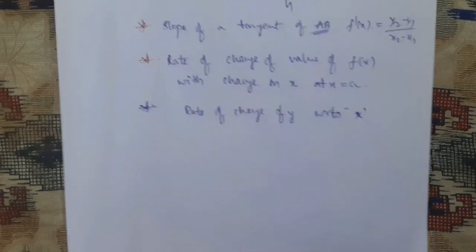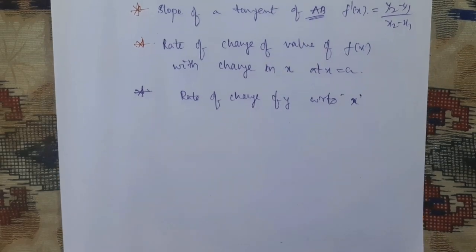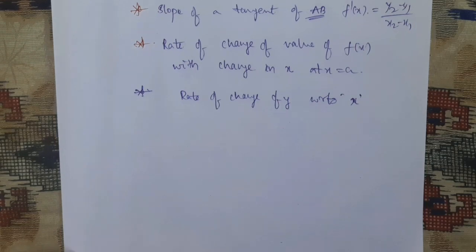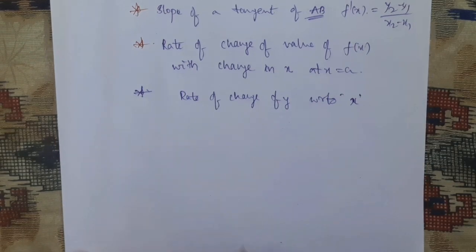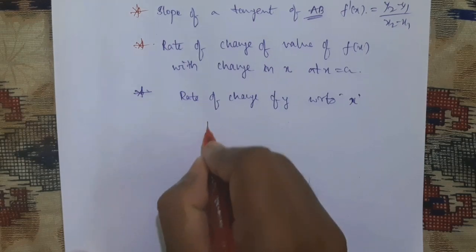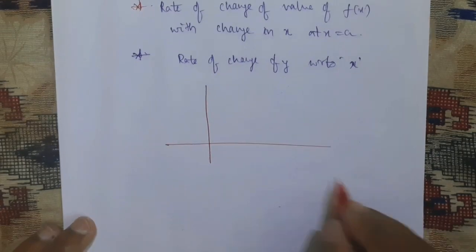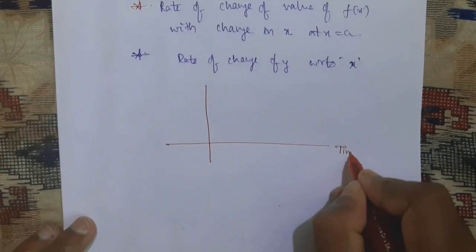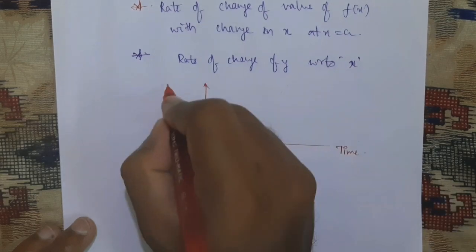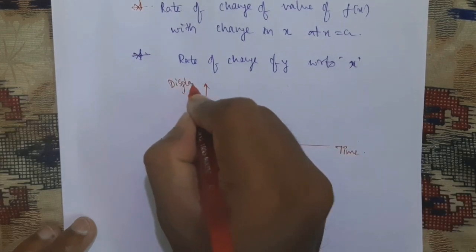And again I will tell another example, which you may get in physics also. For example, consider this x axis as time, and this y axis as displacement.